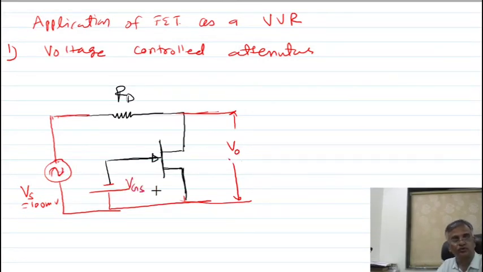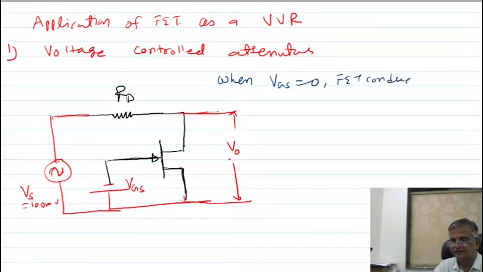This voltage can be controlled at the output with the gate source voltage. Remember, when VGS is 0, then the FET conducts, current I passes through RD.